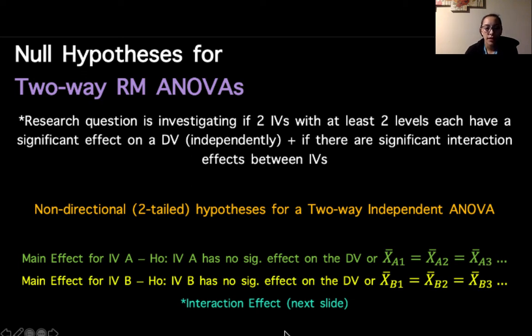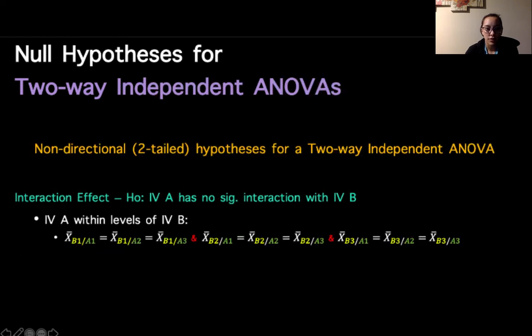For the interaction effect, again, similar, and I'll change that. For the interaction effect, we are looking at, again, the levels of independent variable A within the levels of independent variable B. So when we get a significant interaction, or if we get p less than 0.05, we say we have a significant interaction between the two variables.